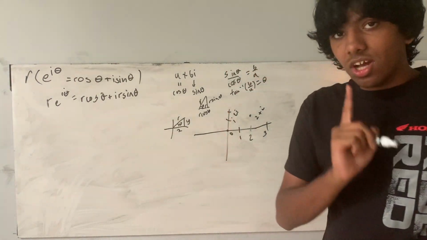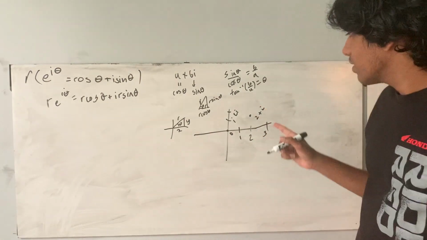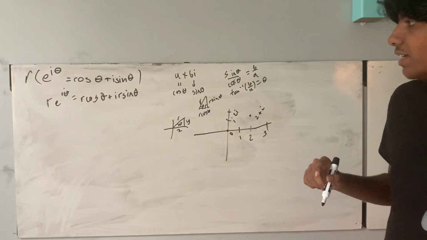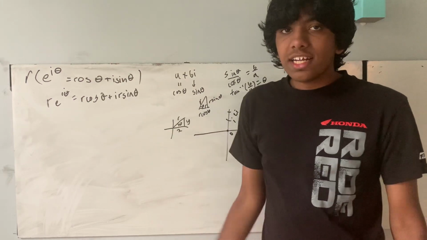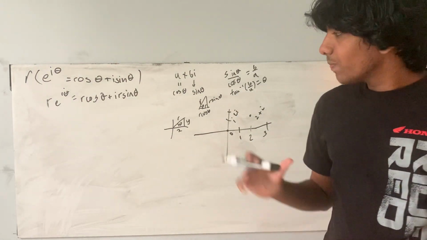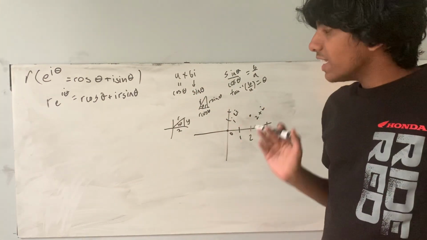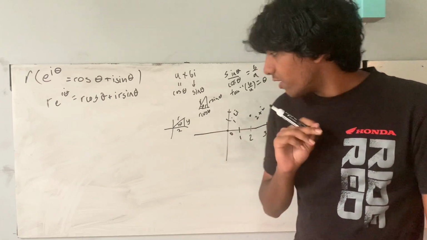If you find such an r, by using the Pythagorean theorem, because we have the x and y coordinates now, and a theta, which we can find using inverse tangent, look, we have another way to represent complex numbers. We have discovered a polar form.